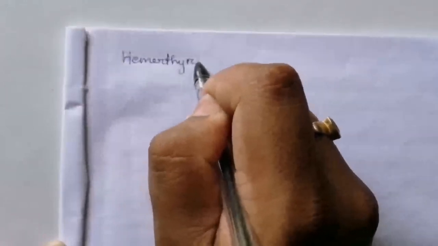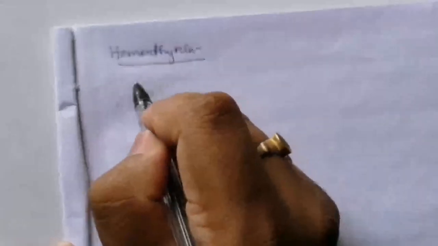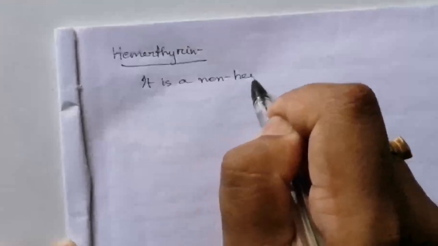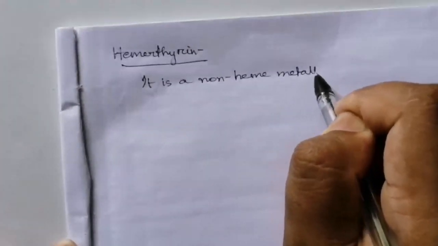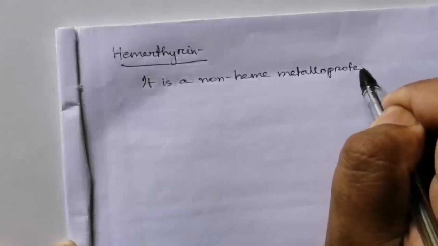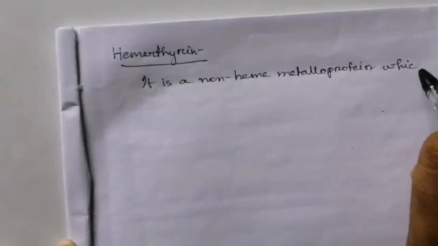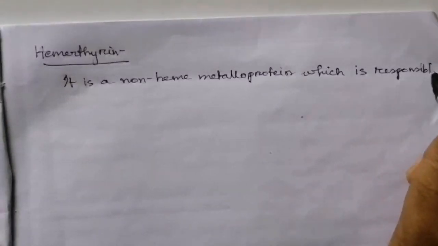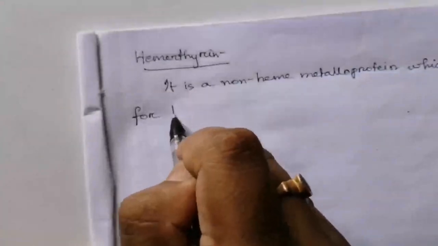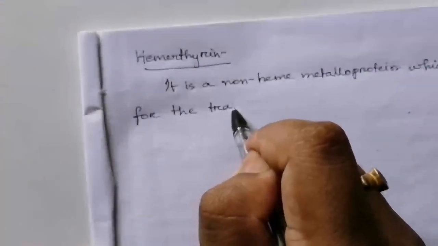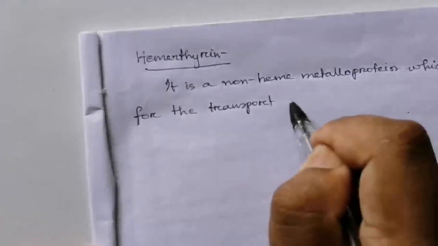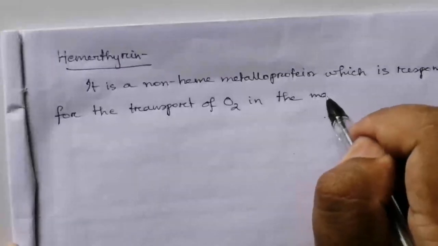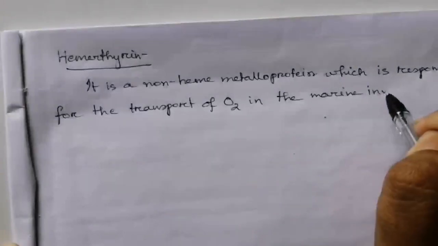First we'll be talking about hemerythrin. So this is a metalloprotein. It is a non-heme metalloprotein which is responsible for the transport of oxygen in the marine invertebrates.